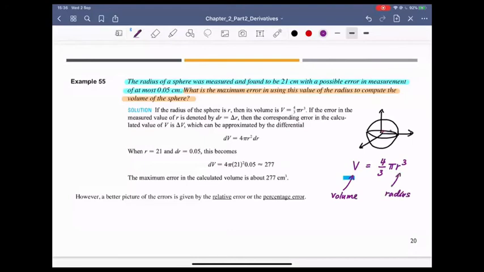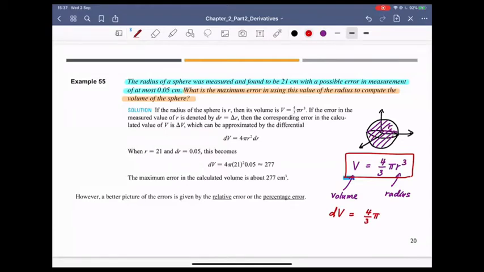We have our radius r and the volume V. From that, you can find the differential. We're going to find the differential of V with respect to r. I do not need to differentiate 4/3 pi because this is a constant.